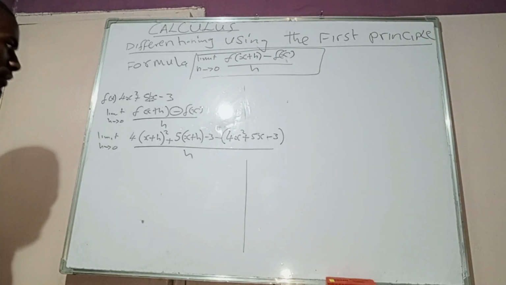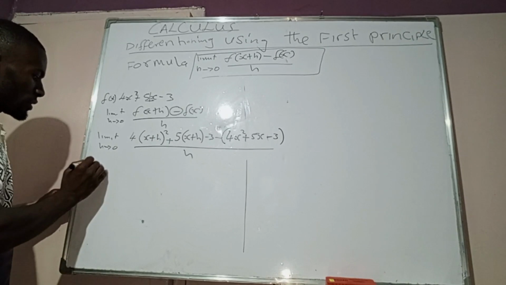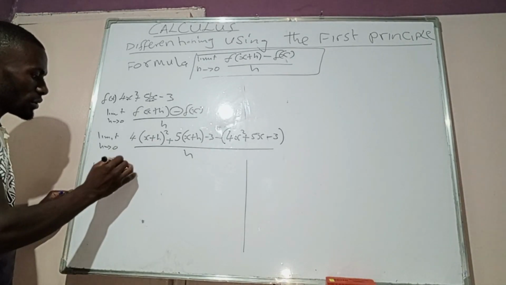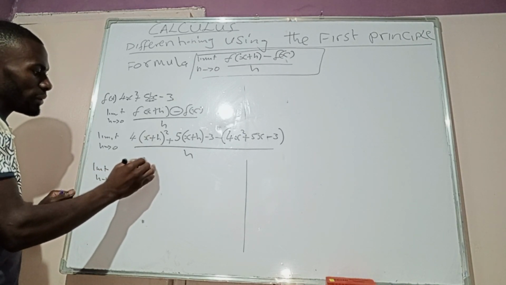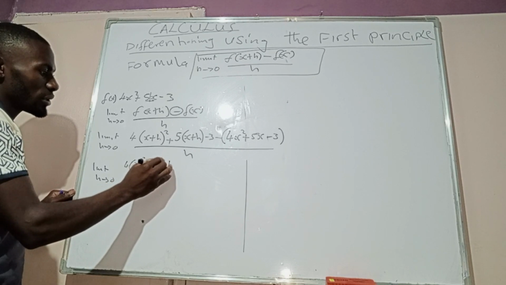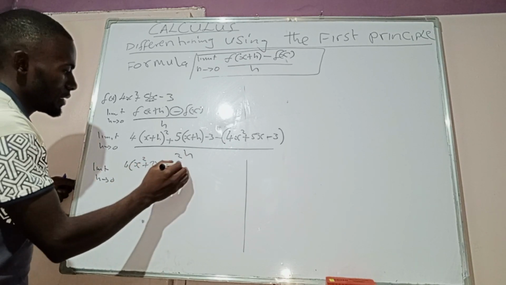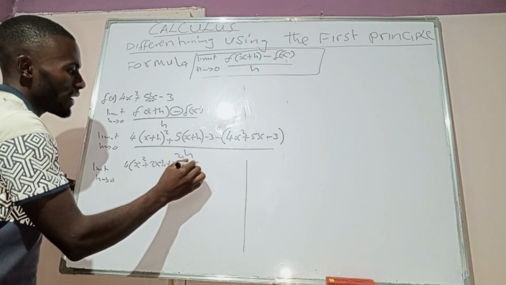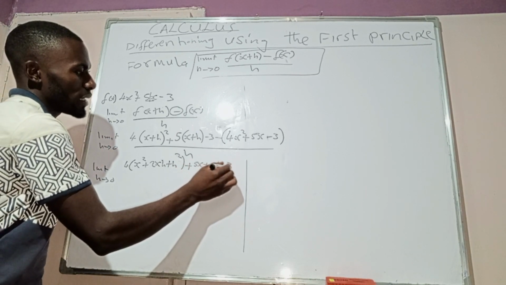Okay. So now we are going to expand that. So we have limit when h is approaching 0. We have 4 outside. So this one is going to have x squared plus 2xh plus h squared. You close, plus here we are going to have 5x plus 5h minus 3.